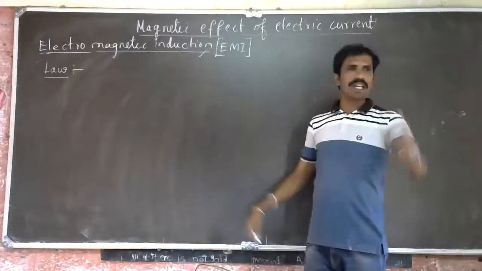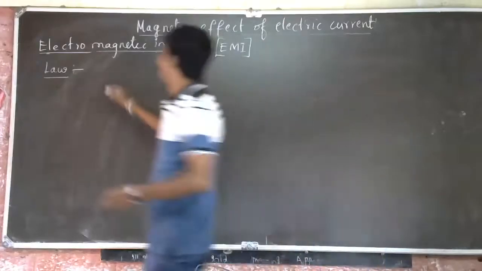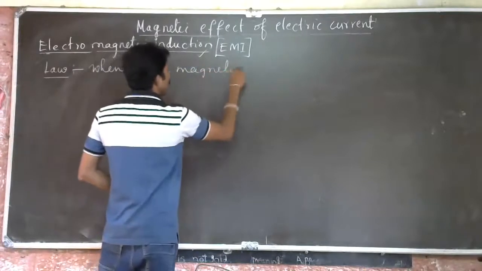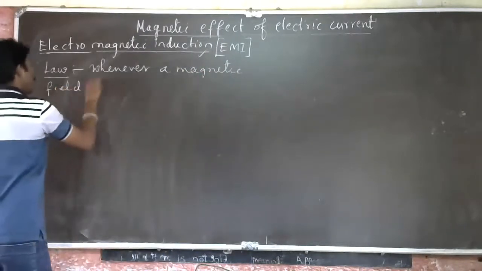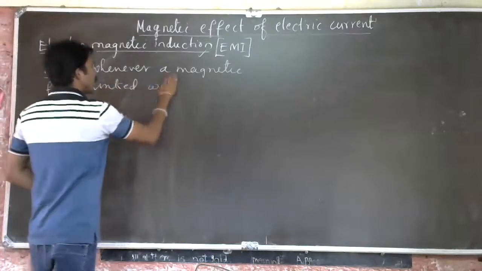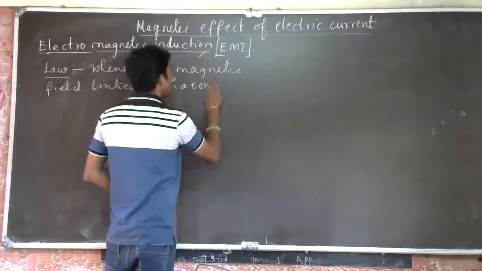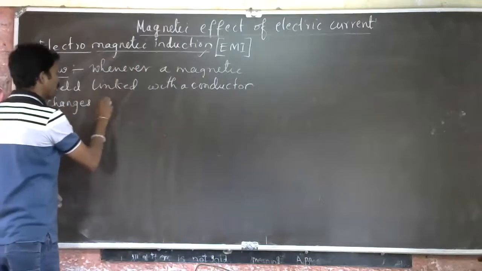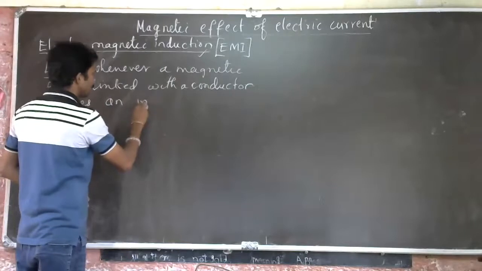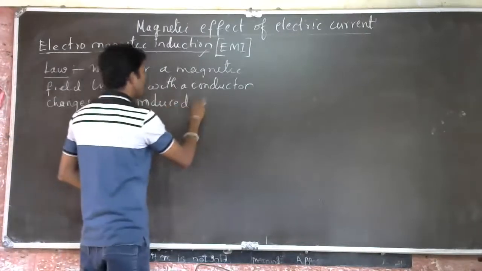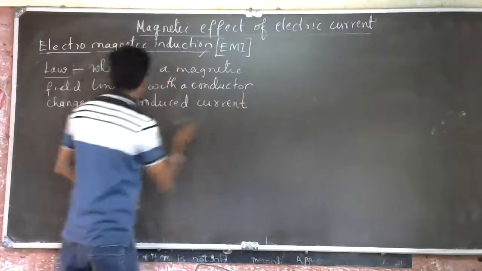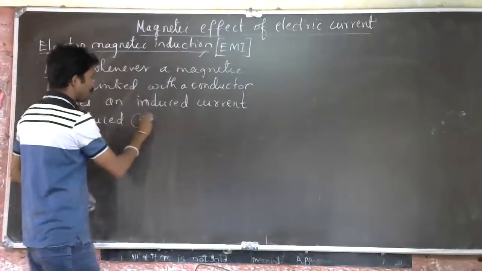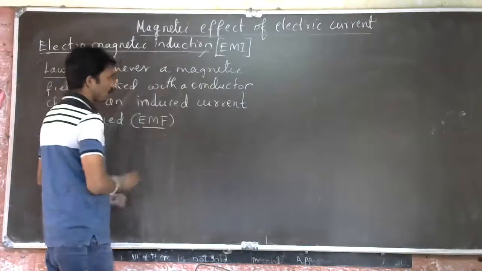And what do you mean by electromagnetic induction? It means whenever a magnetic field linked with a conductor changes, an induced current is produced, or you call it EMF, electromotive force.